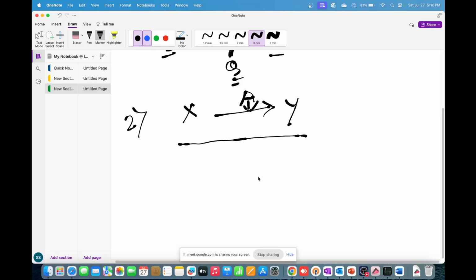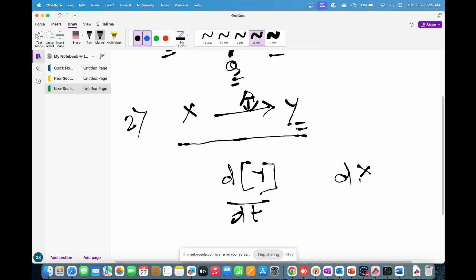Yeah, technically it is two. So for example, if you're concerned about the change in y, you'll be denoting dy dt. If you are concerned about x, you'll be denoting dx dt.